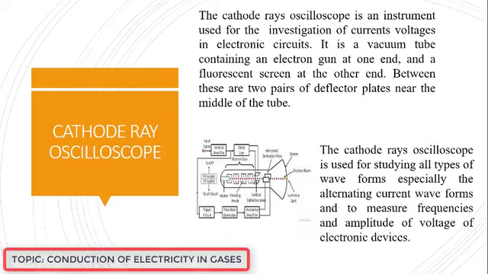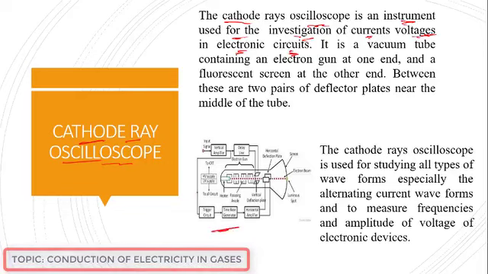Now let's look at an instrument called the cathode ray oscilloscope. The cathode ray oscilloscope is an instrument that we use to investigate the presence of currents and voltages in electronic circuits.